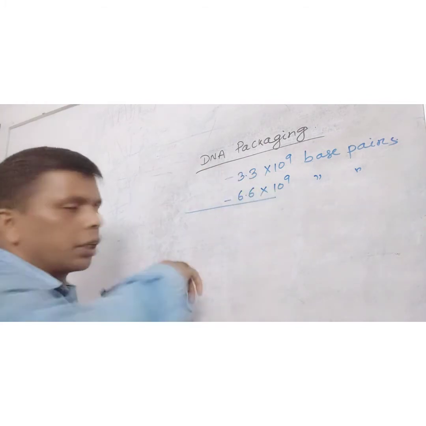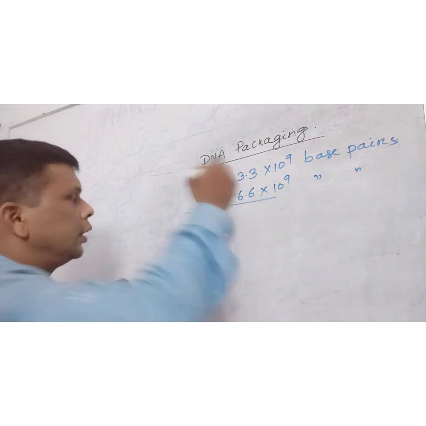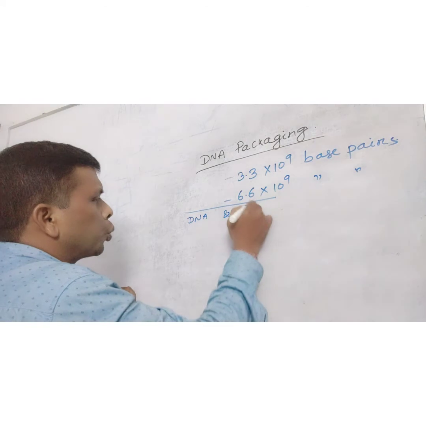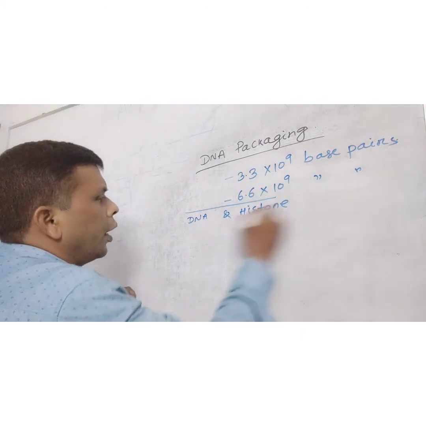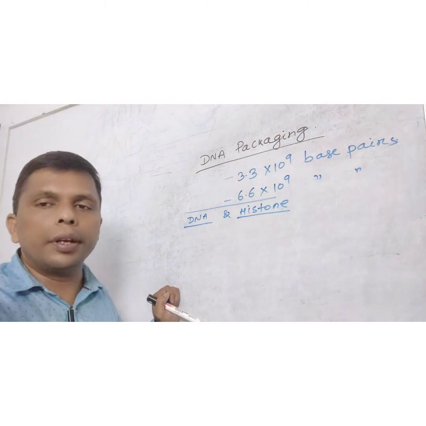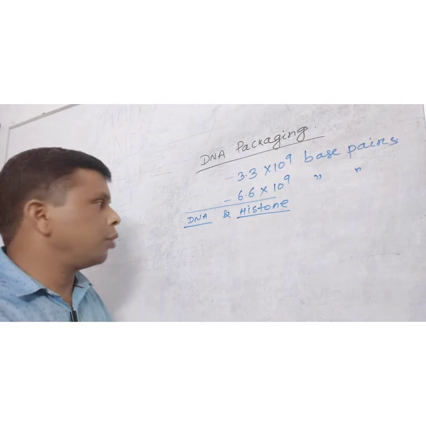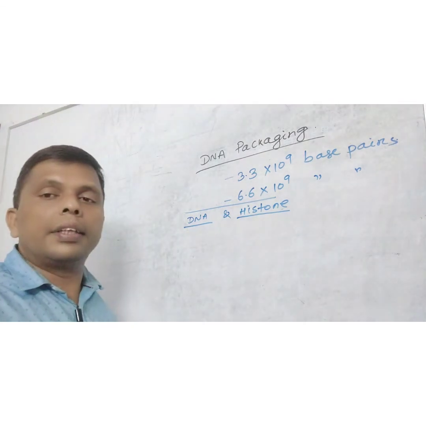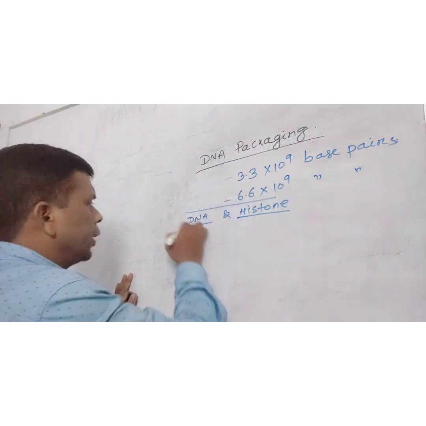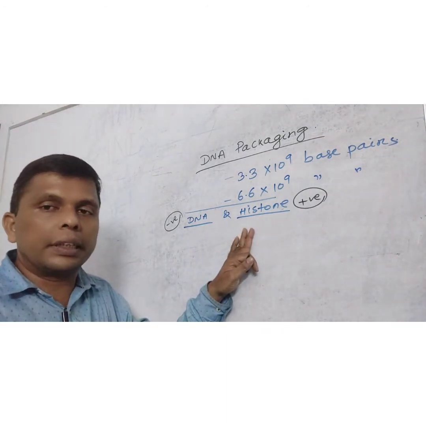If we consider the organization, it shows that DNA and histone protein help in packaging or DNA organization. How? The DNA is negatively charged due to the presence of phosphoric acid, and the histones are positively charged.